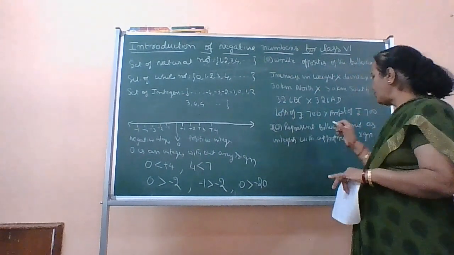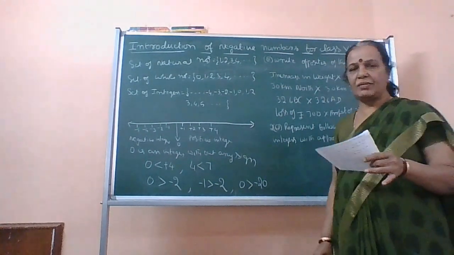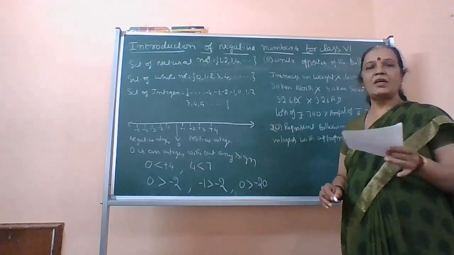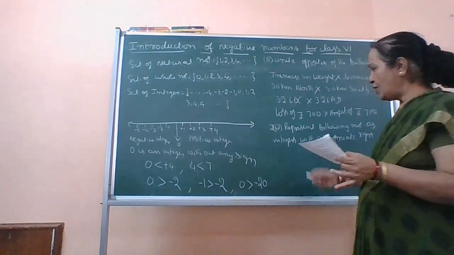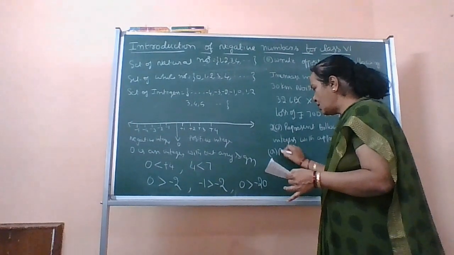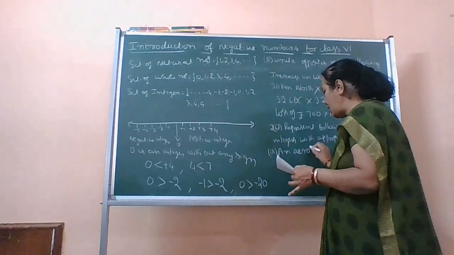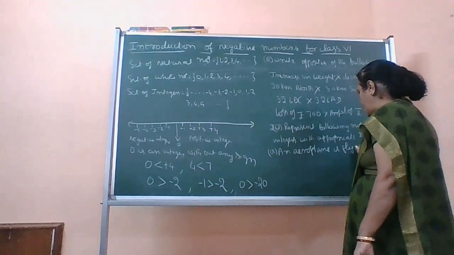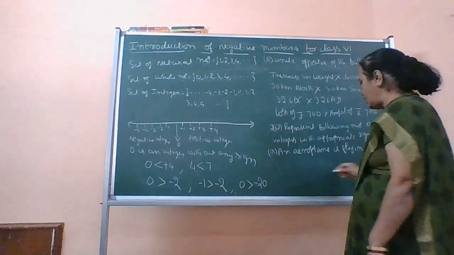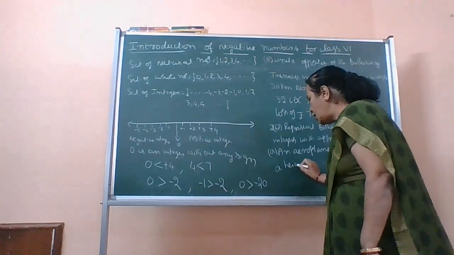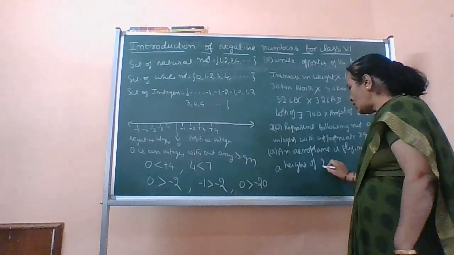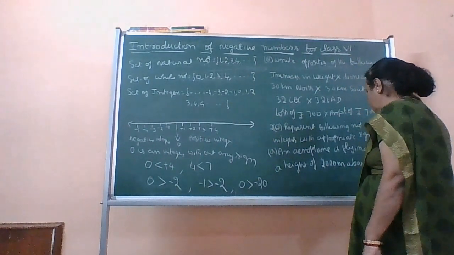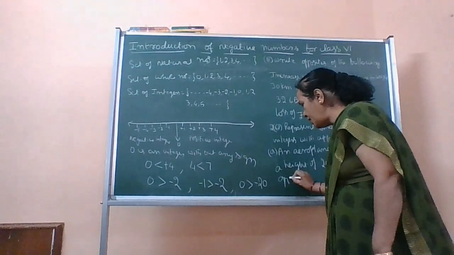See, you have to write the statement in the form of integers with appropriate sign. First question is, an aeroplane is flying at a height of 2000 meters above the ground.